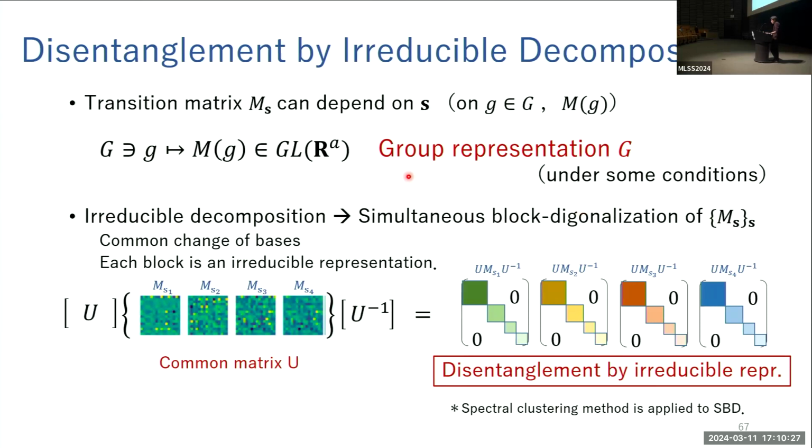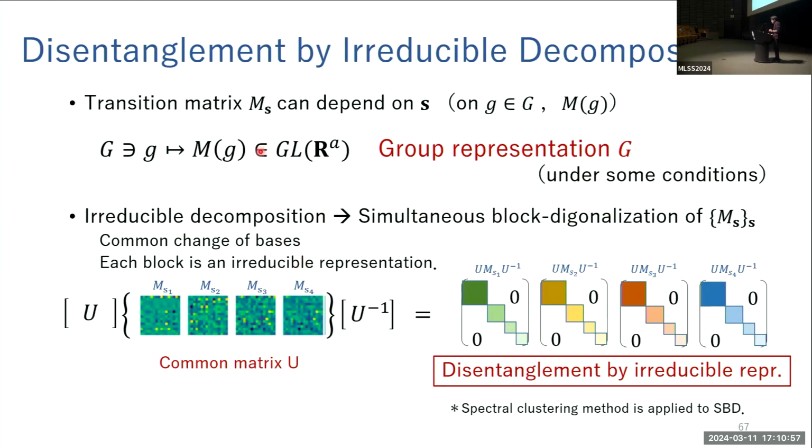And we also assume that the group representation can be decomposed into the direct sum of irreducible representations, such as for the finite group or compact group, Lie groups. And if that is true, we can find the change of basis so that the matrices are simultaneously block diagonalized.